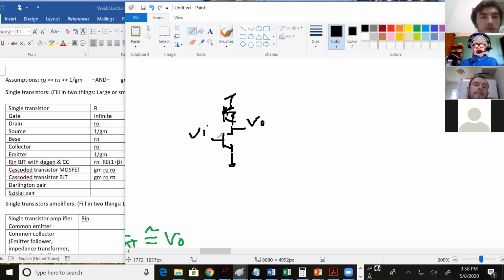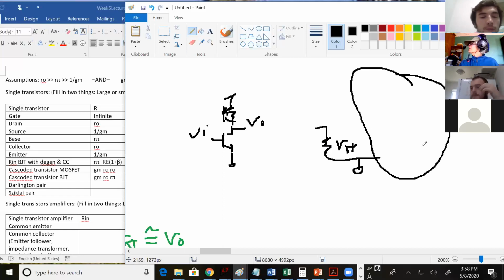If you draw that small signal model here, you get your R pi and the emitter gets grounded. So it actually doesn't matter what's happening in all of the rest of the circuit. The only time that this node gets altered is if there's degeneration. So if there's no degeneration, just R pi and you're done.